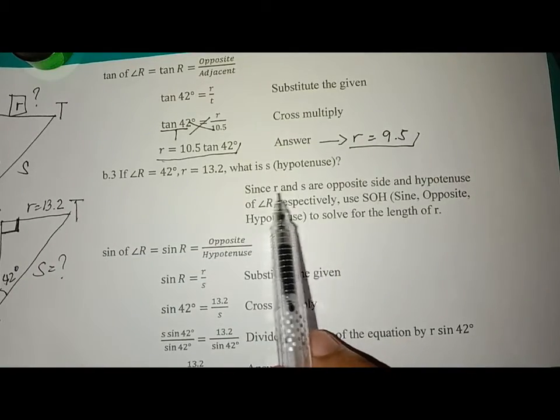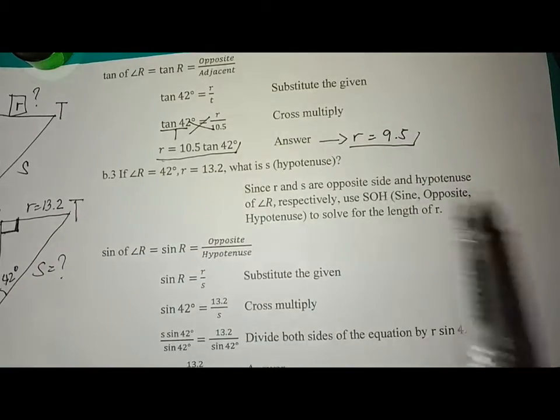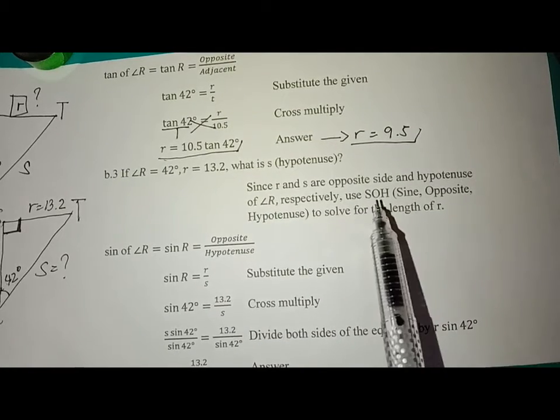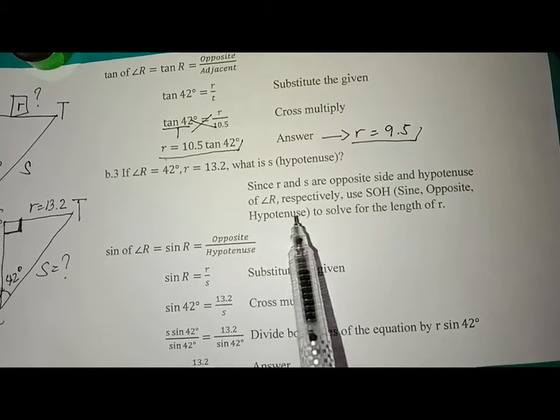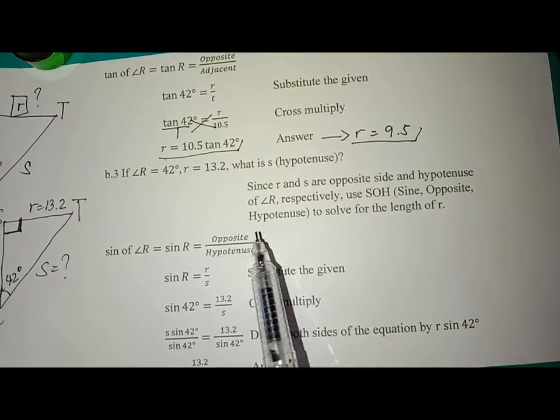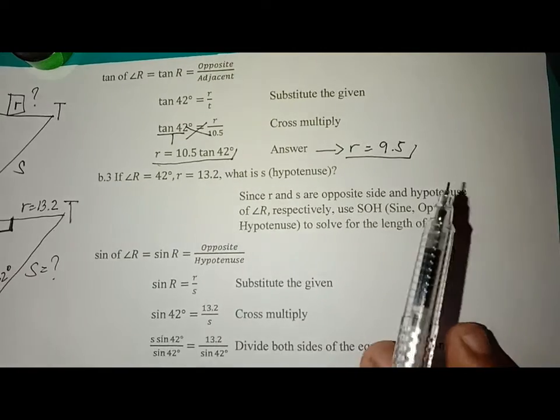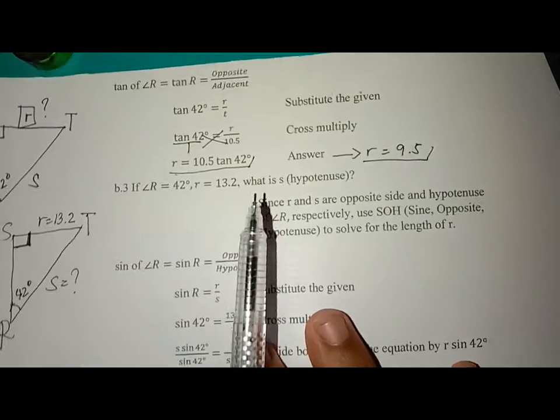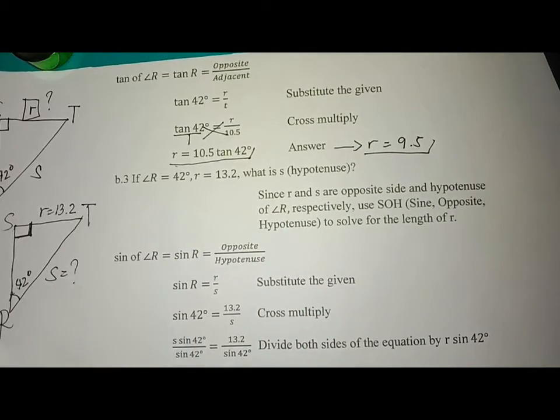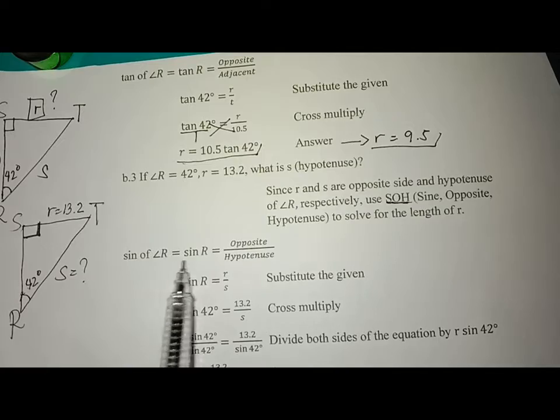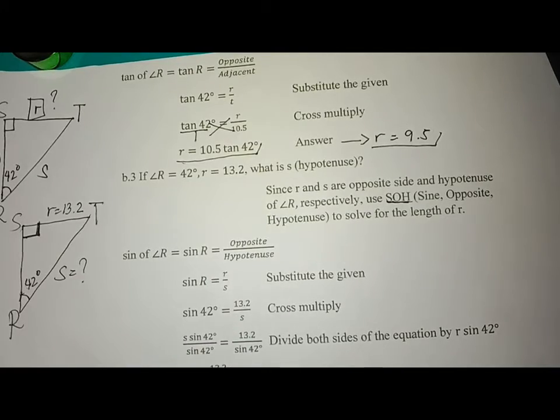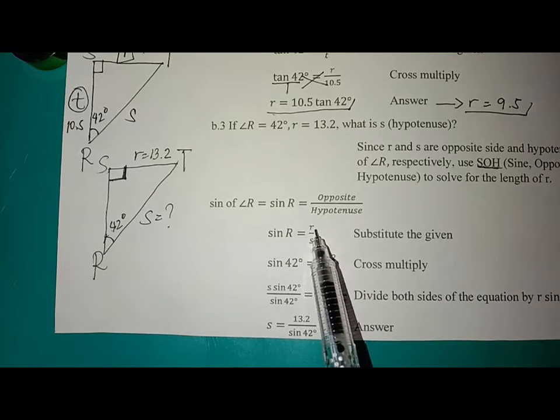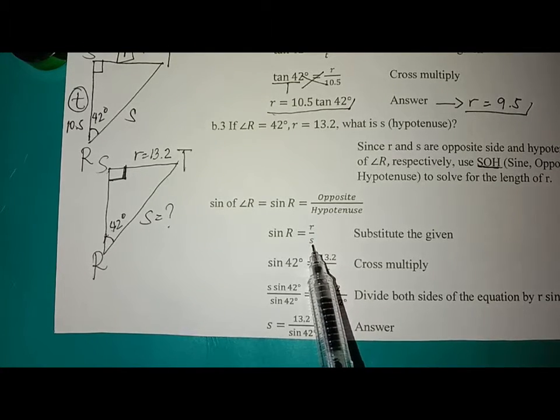Since R and S, the small letters, are the opposite side and hypotenuse of angle R respectively, use SOH: sine equals opposite over hypotenuse. So what we use in problem B3 is sine of angle R equals opposite over hypotenuse. Sine R equals R over S, where R is the opposite and S is the hypotenuse.